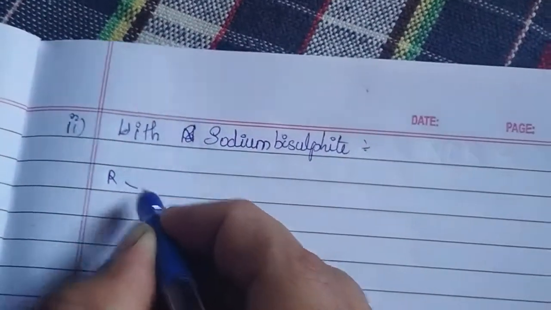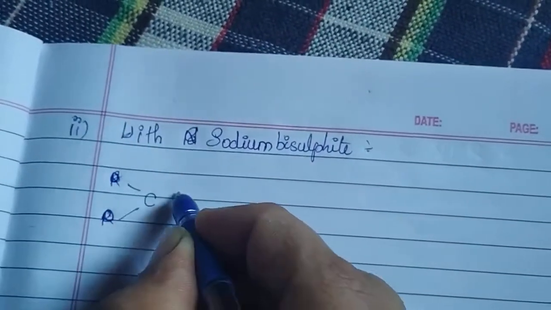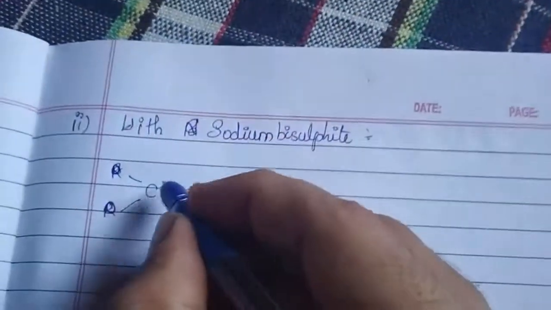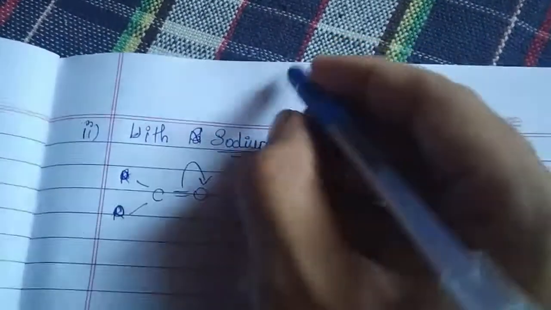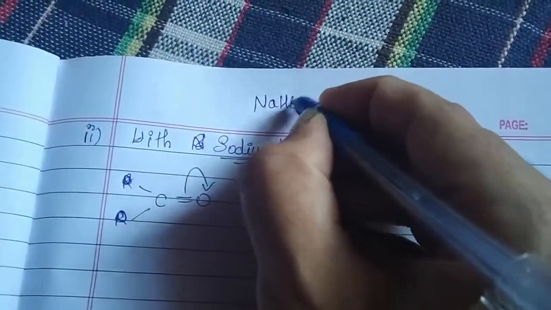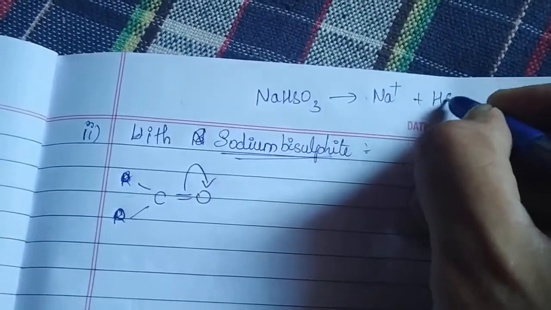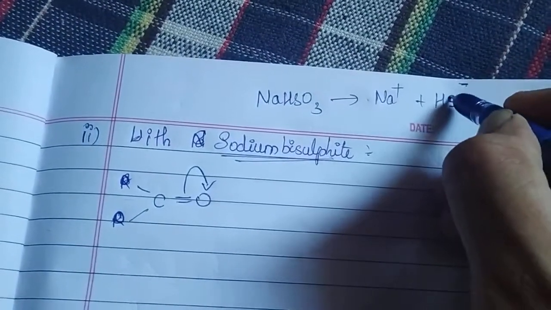Let me take a ketone itself, R C R, with the carbonyl group double bond. Of course, now the O minus comes to this side, and here what comes? If I write NaHSO3, of course it is going to give Na plus and HSO3 minus. Remember this negative side is on the sulfur atom.